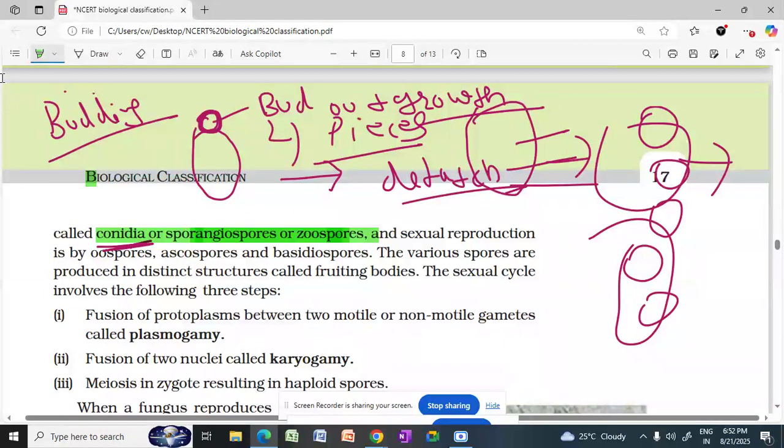And sexual reproduction occurs by oospore, ascospore, basidiospore. So the various spores are produced in distinct structures called fruiting bodies. So actually, we have special types of structures which are called fruiting bodies, and various spores are produced in these distinct structures.